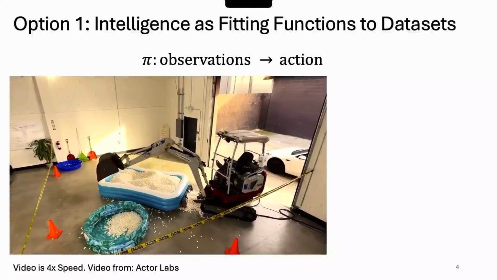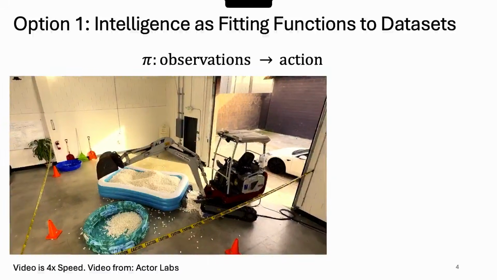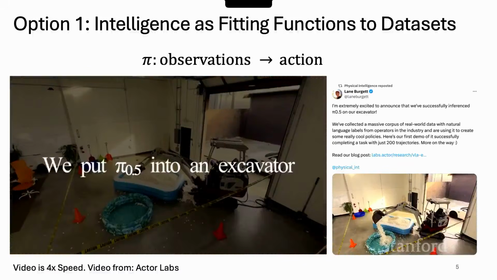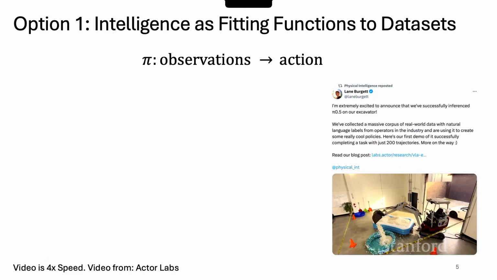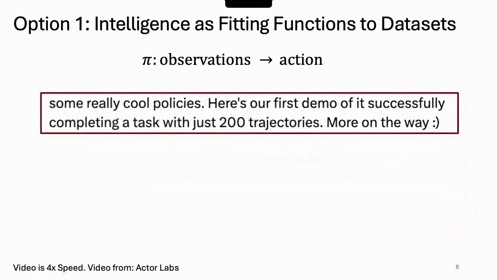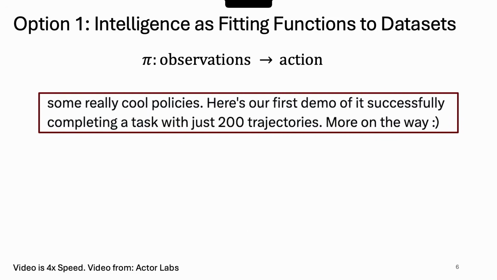They're training their system to generate joystick commands to control an excavator to do some task. This is the original Twitter post, but I want to highlight one of the sentences from it: for our first demo, we collected 200 demonstrations for that simple, I would say, excavator manipulation task.